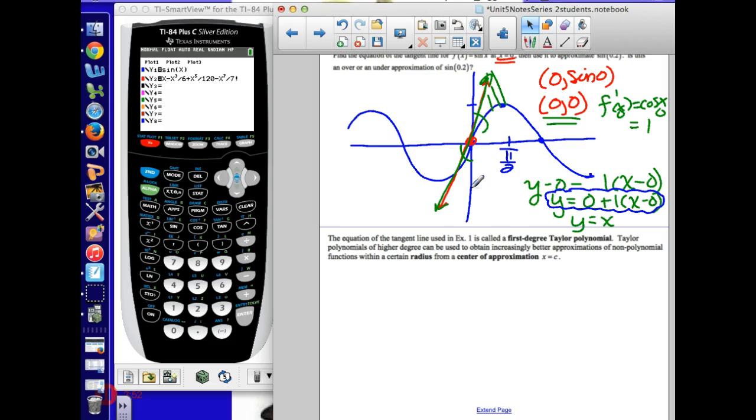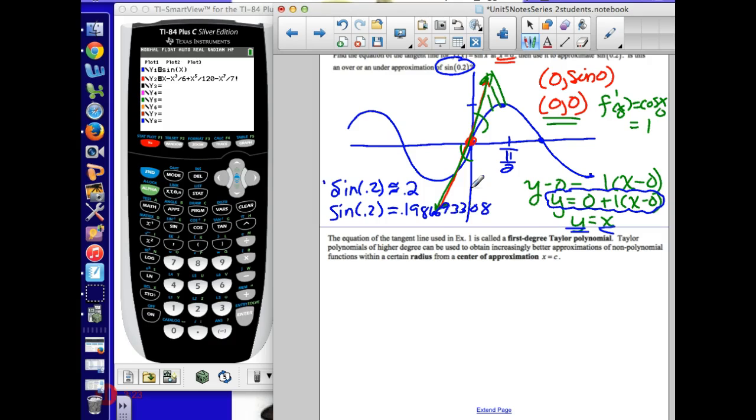So as long as I'm close to the curve, I can estimate the sine of 0.2. The sine of 0.2 would equal, and again, sine of x, they're equal, so it equals 0.2. And if you were to go to your graphing calculator, it wouldn't equal it. Again, this is a tangent line approximation. So if I were to go to my calculator and do sine 0.2, the actual value on my calculator is 0.198669338.